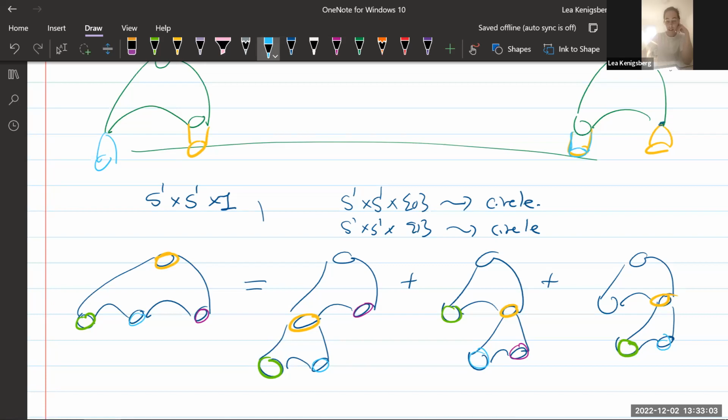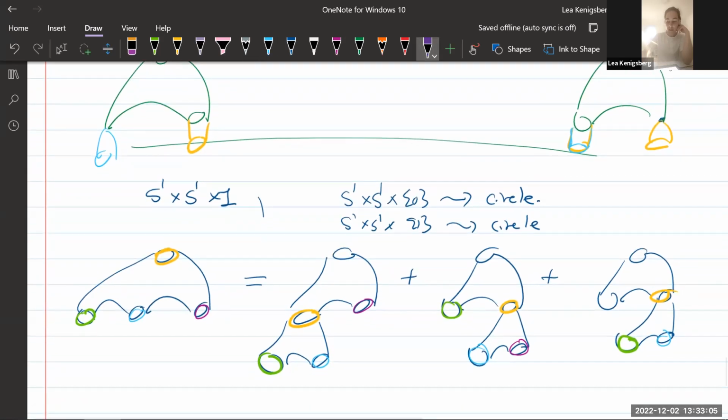Okay, I don't know if it's clear what I mean by those colors, but this shows you that both the co-Jacobi identity and co-associativity fail.